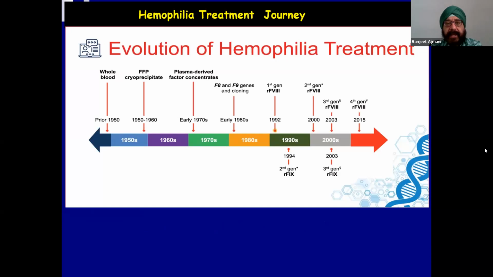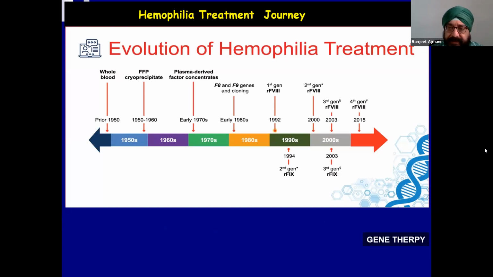If you look at the evolution of hemophilia care, just to give you one example, in 1950, it started with whole blood. Then came FFP and cryoprecipitate. And then came plasma-derived factor VIII. Then came recombinant and transgenic, and then various generations of recombinant factor VIII.